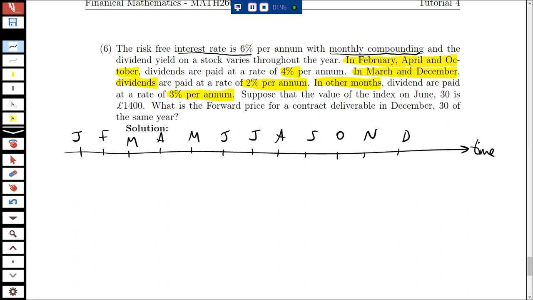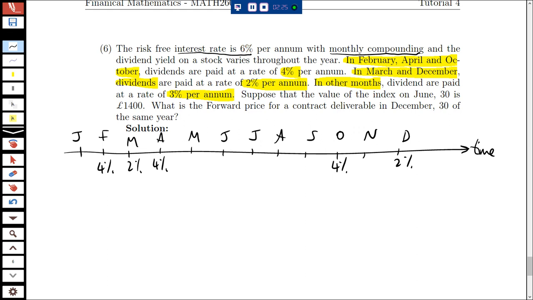The asset is paying some return based on its value. February, April, October, 4%. March and December, 2%. And in other months, everything else is 3%.